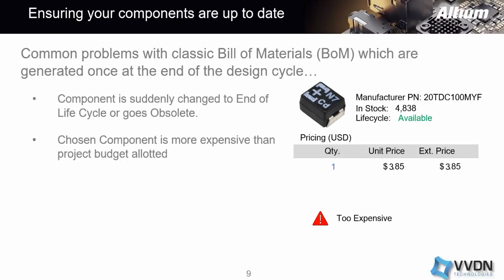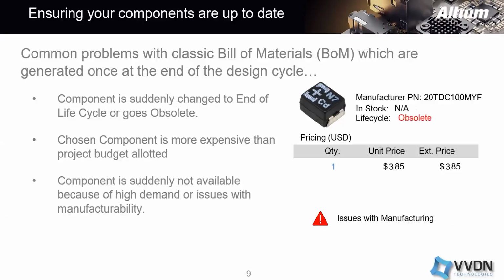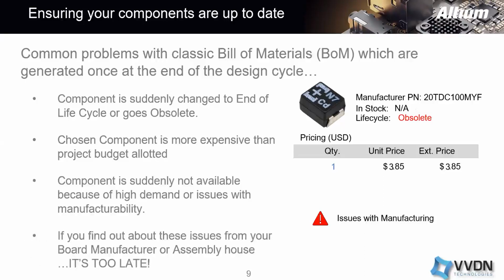We can also check the price, unit price, and stock availability. Suppose any component suddenly becomes unavailable because of high demand or some other issue, we can check that through Altium Designer Active BOM as well, choose our components, and fix those issues. So it is very helpful for assembly as well as manufacturing purposes.